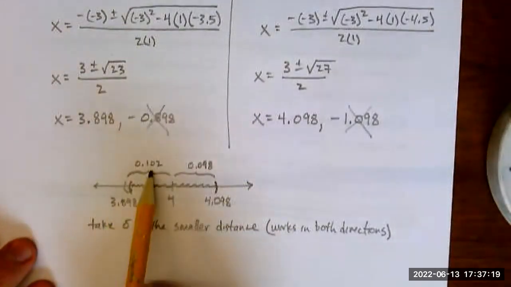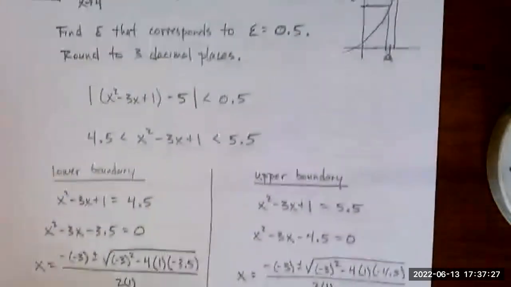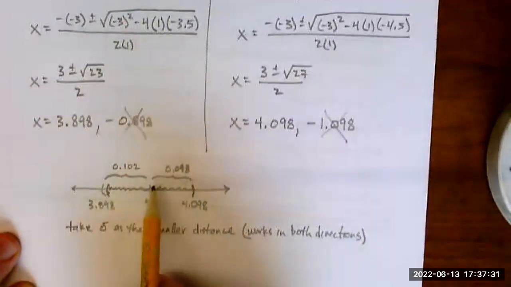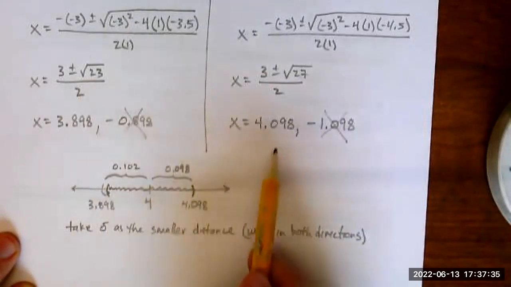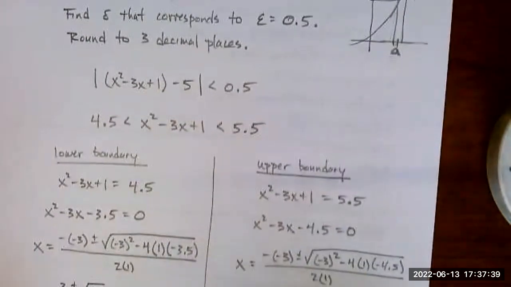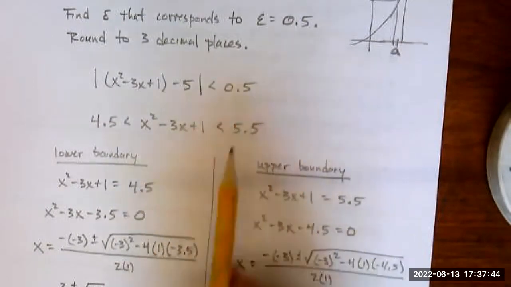So everything is safe if you take the smaller number. What if you were to take the bigger number? Well, it would be fine in this direction, right? You would hit that lower edge, and that would make it equal to this. But in the opposite direction, you're going to go a little bit too far and you're going to go beyond 5.5, or you're going to allow x values that give you a function value bigger than 5.5.